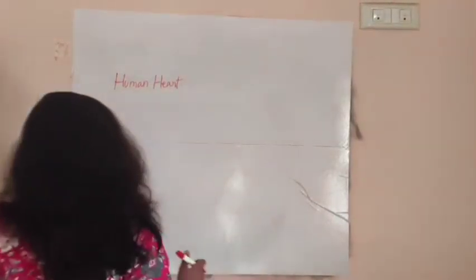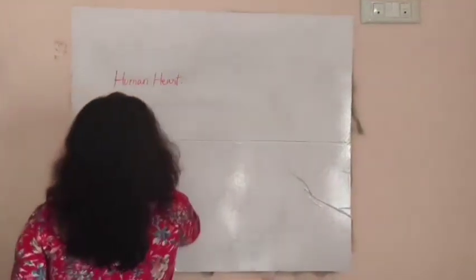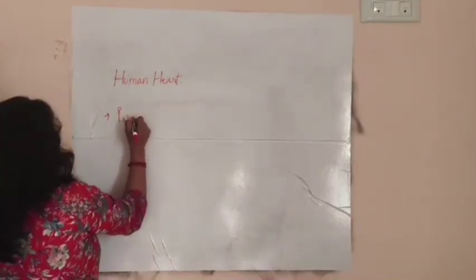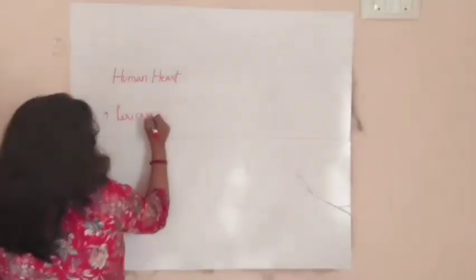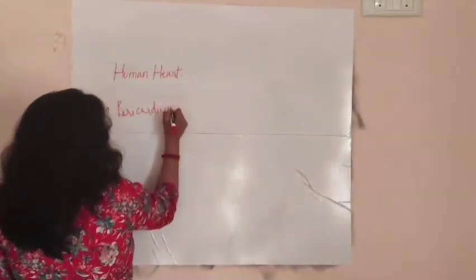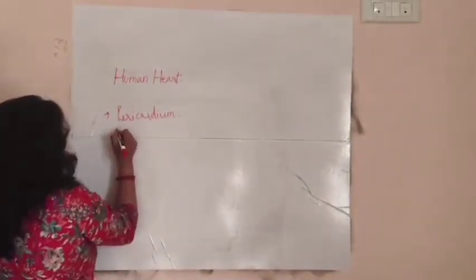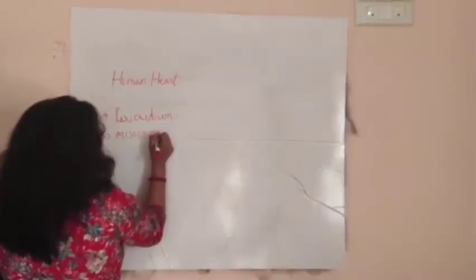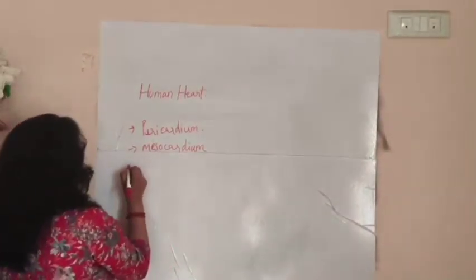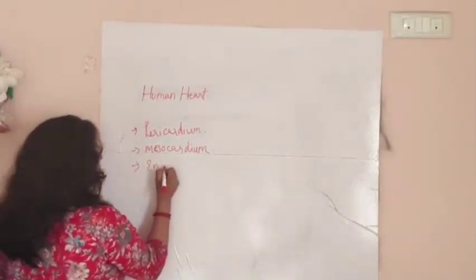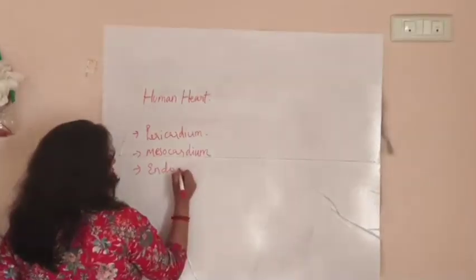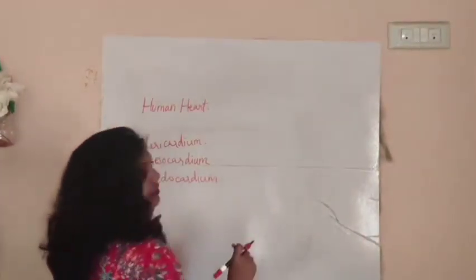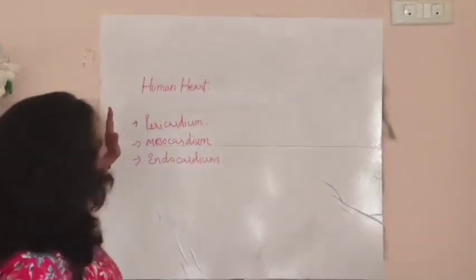It has three layers. Okay, the pericardium, the mesocardium, and the endocardium. These are the three walls of the heart.